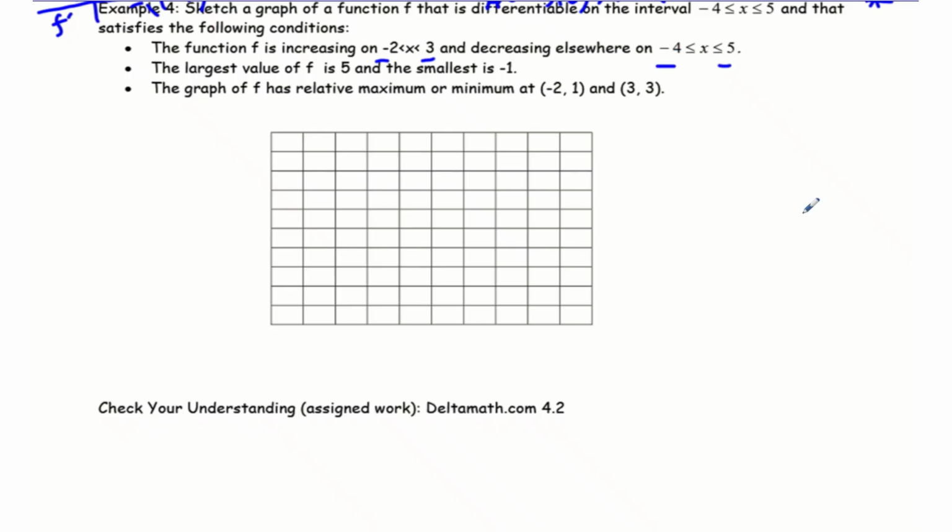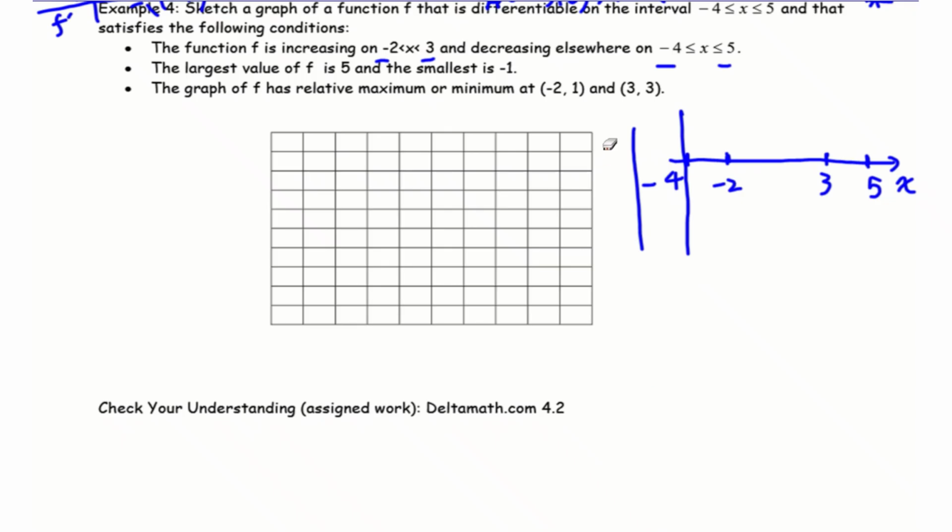So if we draw the x-axis, it will start from -4 to +5, and from -2 to +3.